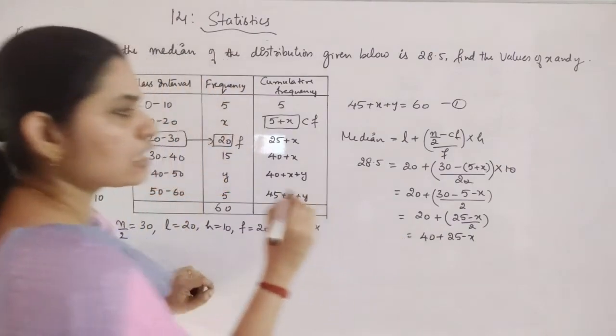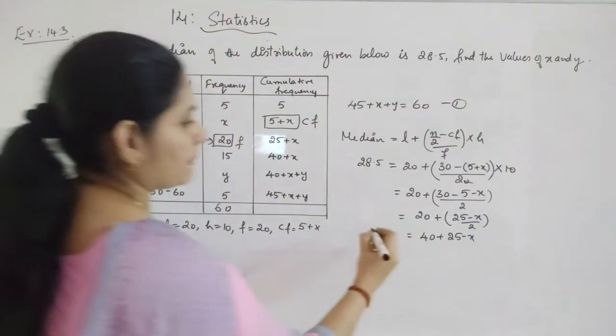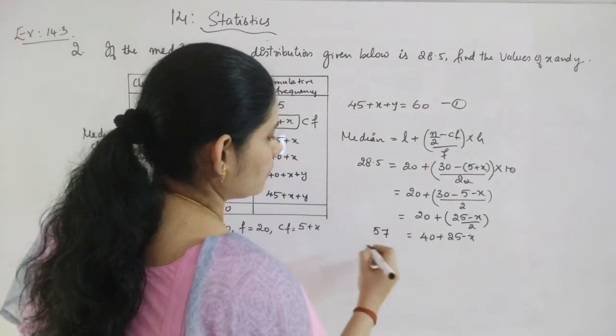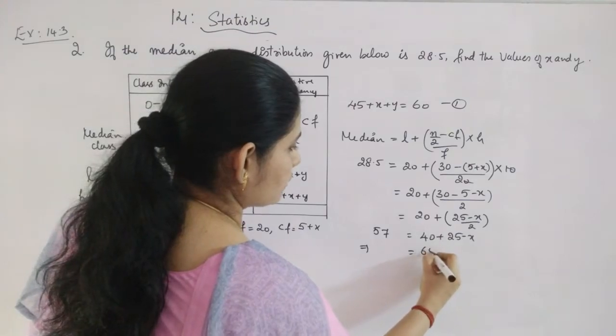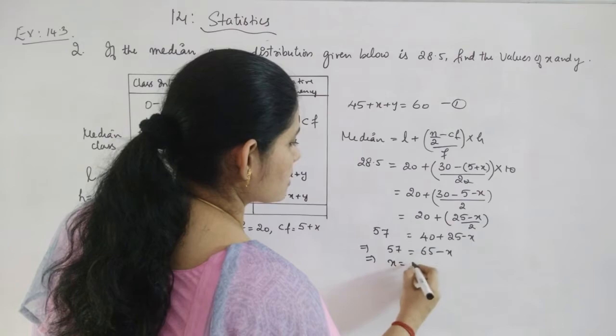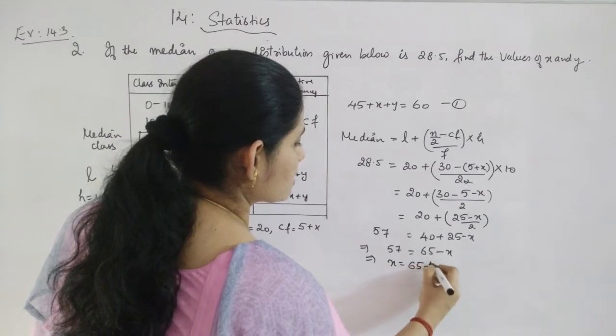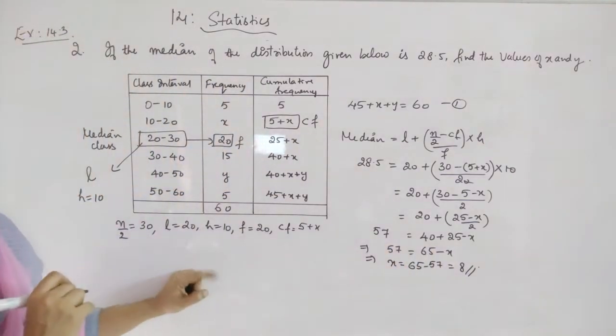So 28.5 into 2 will give you 57. So this becomes 57 now. What you will get, this is 65 minus x is equal to 57, or x is equal to 65 minus 57, which is equal to 8. So you are getting the x value as 8.